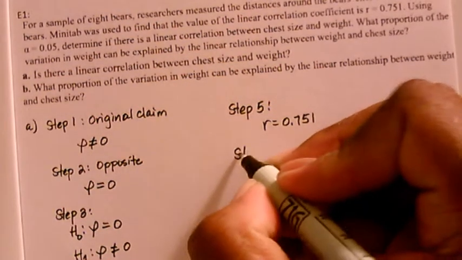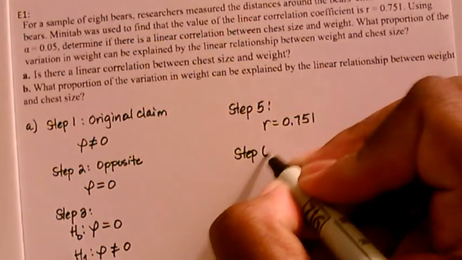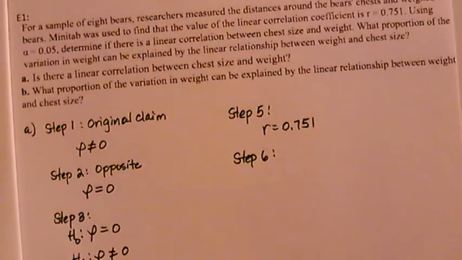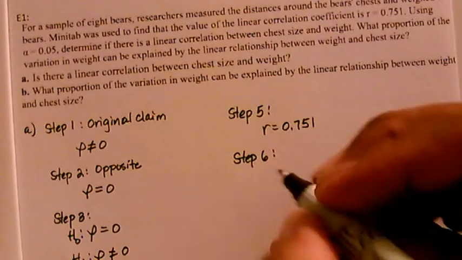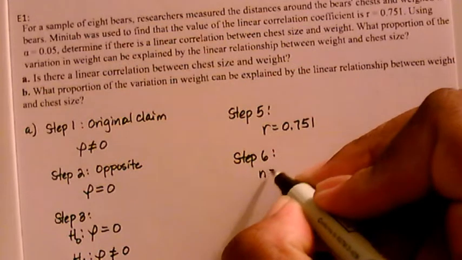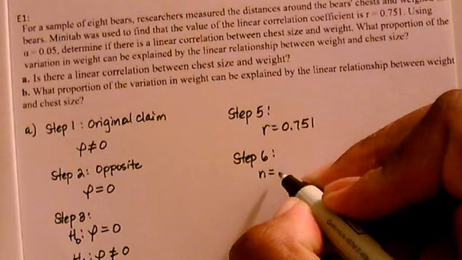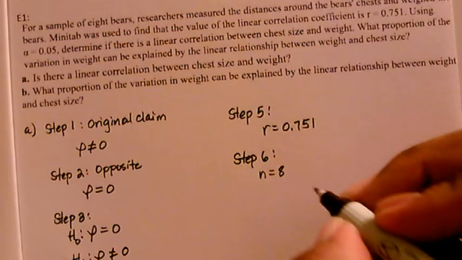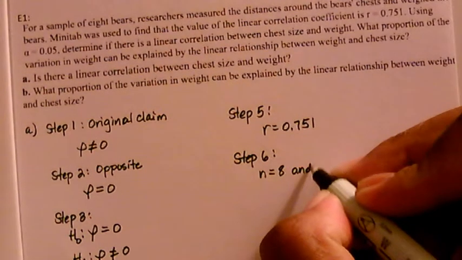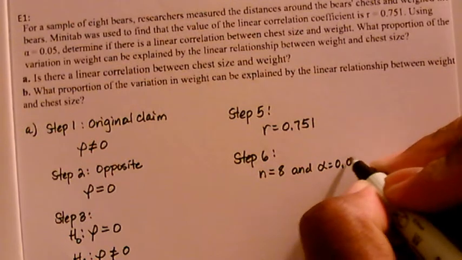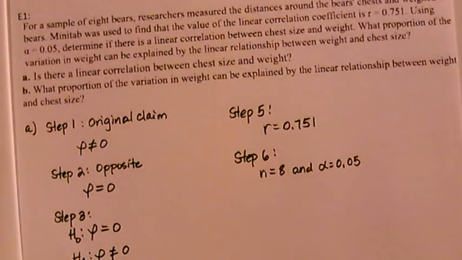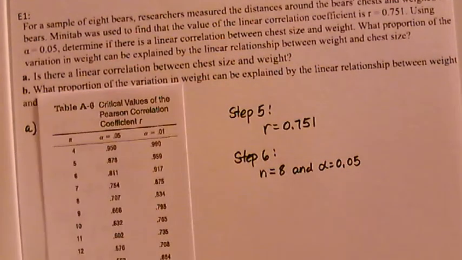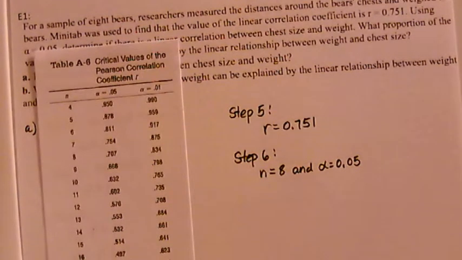Now step number 6. What I'm going to use is the critical value approach. What I mean by that is this. There were 8 bears for that sample, n is 8, and the alpha level was 0.05. So this is where I use this table of the critical values of the Pearson correlation coefficient.